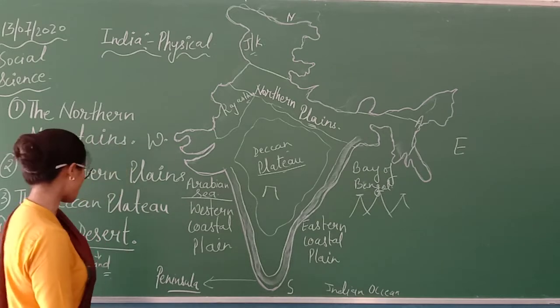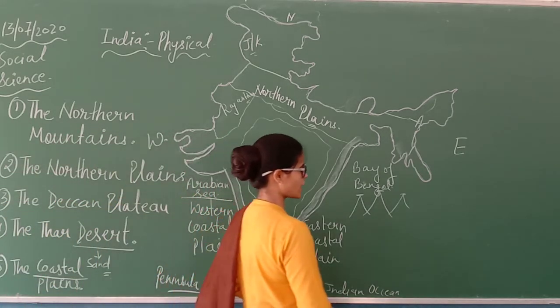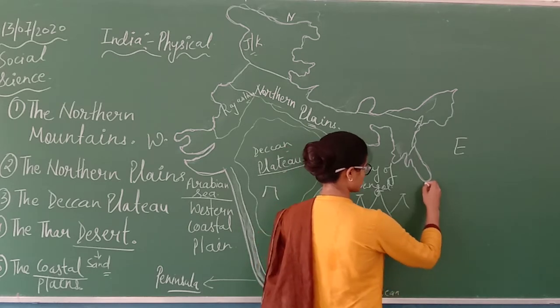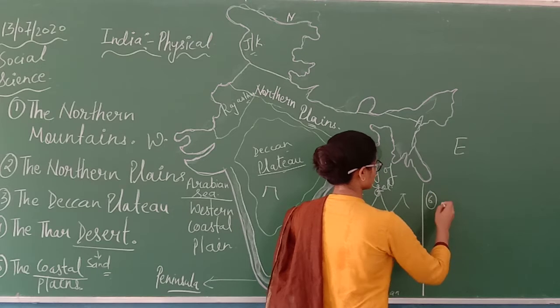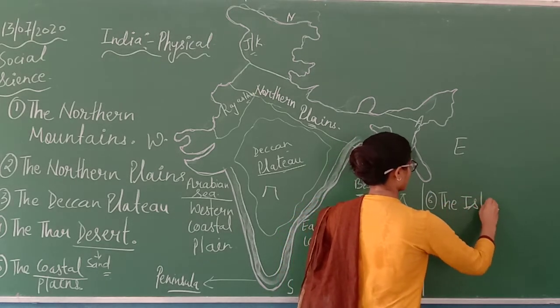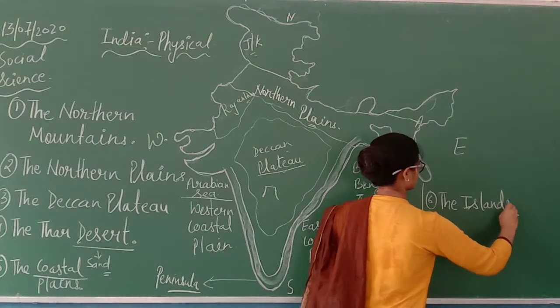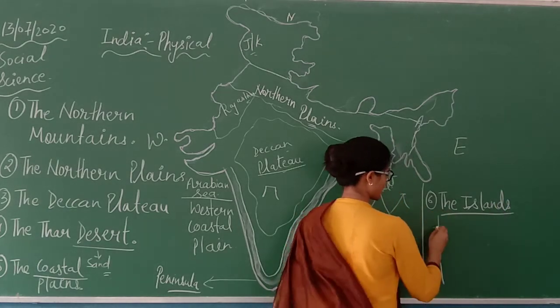Now the last part, we have number 6 division, the islands. Now we have two very important islands.